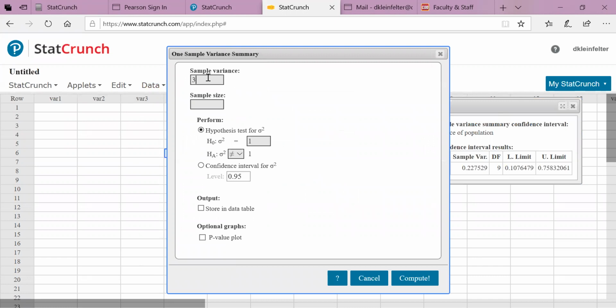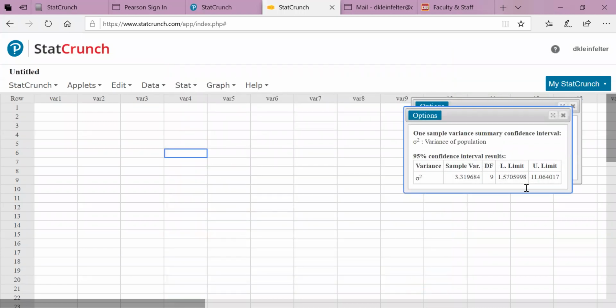That's 3.319684. Our sample size was 10. And then we're getting a 95% confidence interval for the variance. So let's calculate that. Here's what we get for our variance for the second bank. We're going to copy that over.